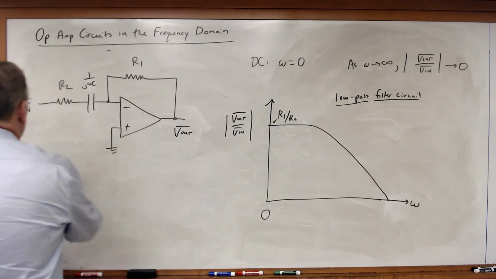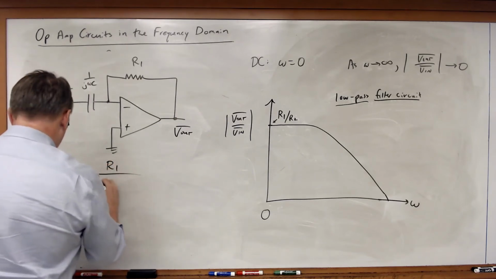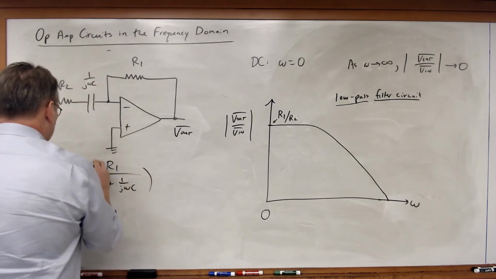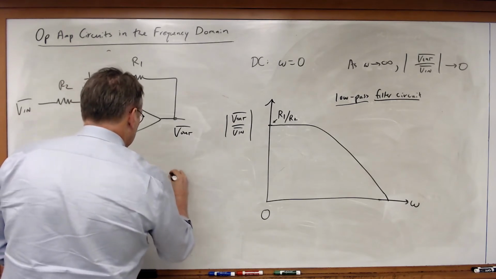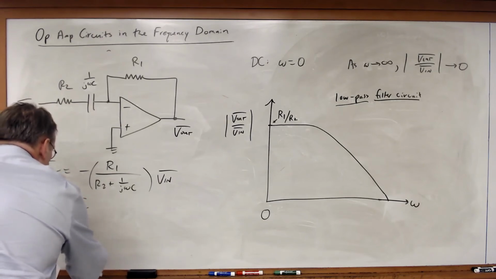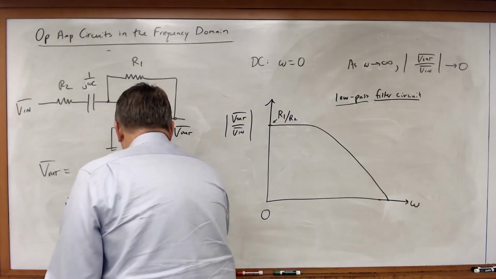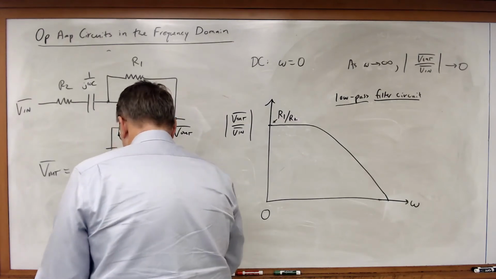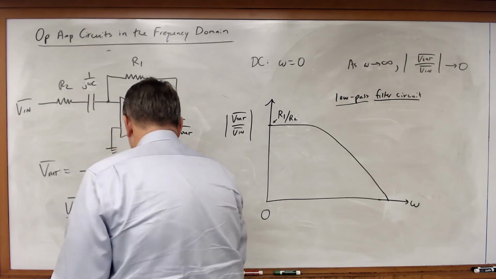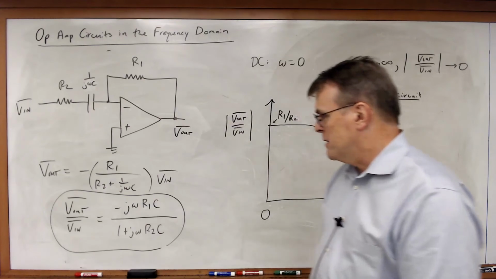So V out is equal to minus R1 over R2 plus 1 over j omega c, times Vn. Or V out divided by Vn is equal to minus j omega times R1 times C divided by 1 plus j omega times R2 times C. We take this equation and do a little bit of algebraic manipulation.